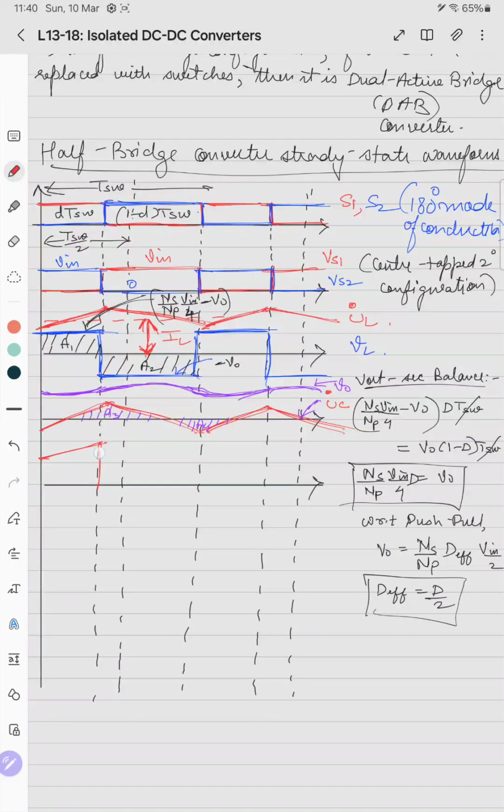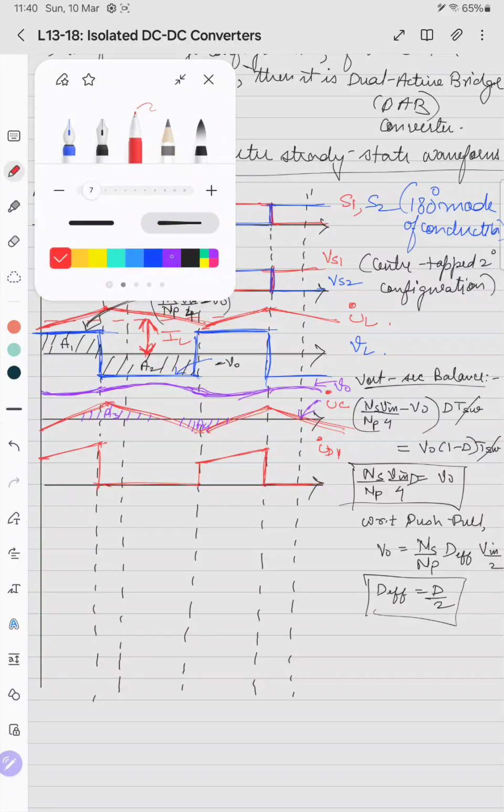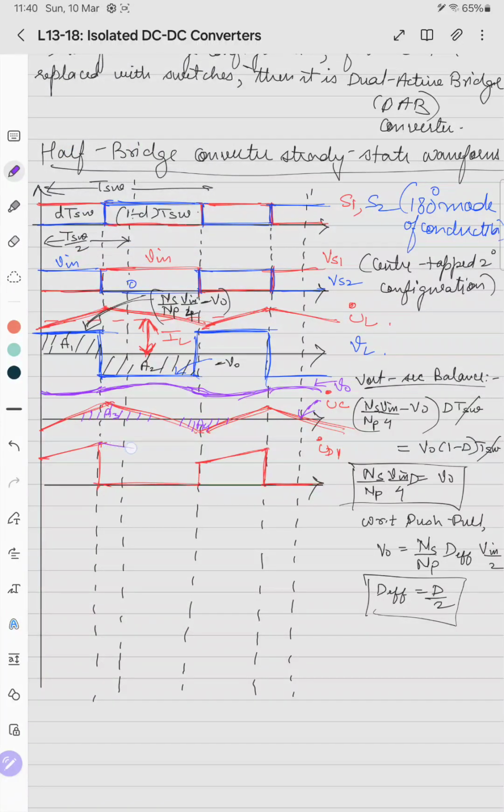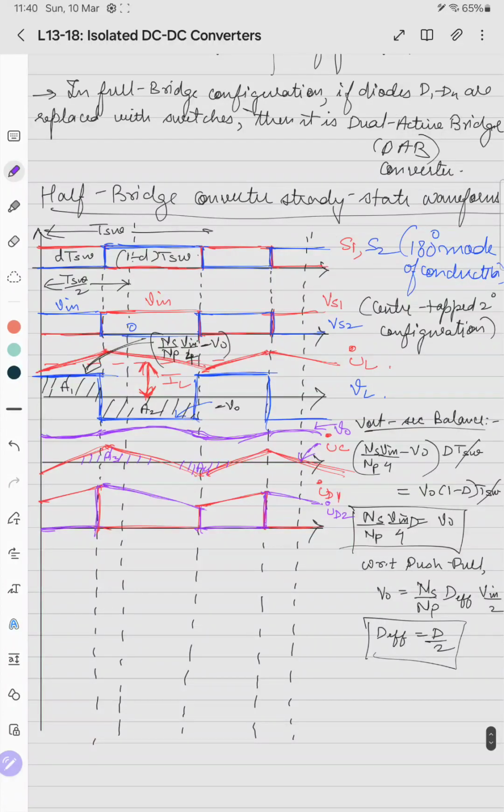And in the other case it is 0. It will be like this. This is I capital D1, and similarly we can draw ID2. This is I capital D2.